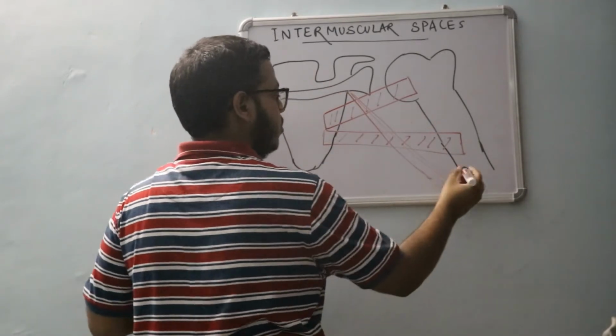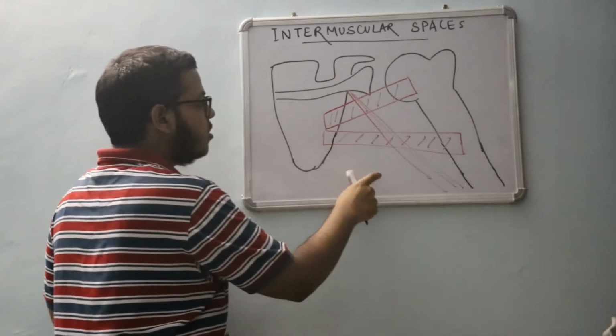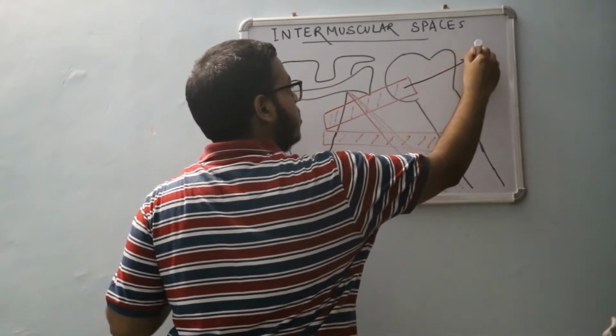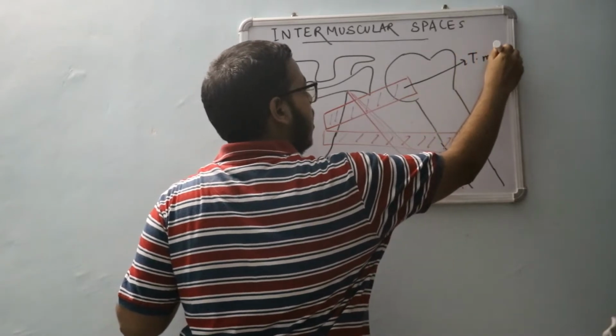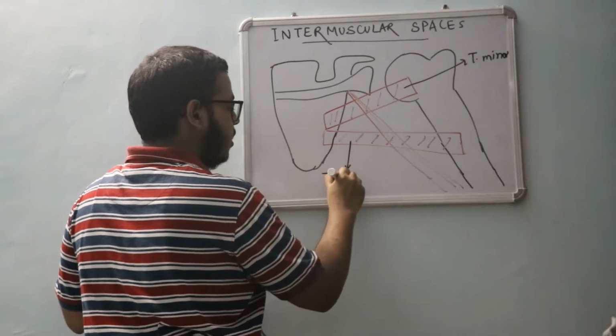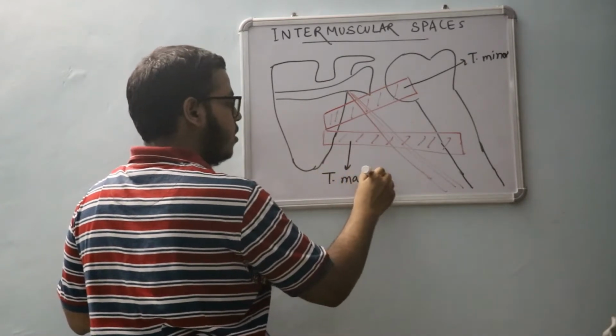So what are these? This is the teres minor. It is the teres minor muscle. This one is the teres major muscle.